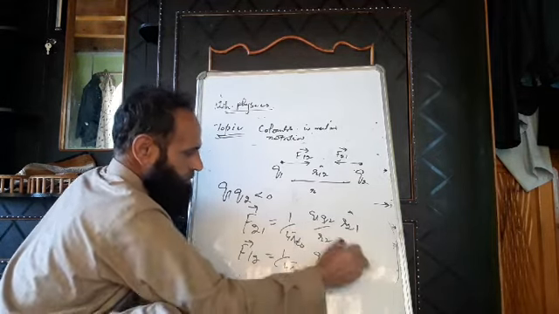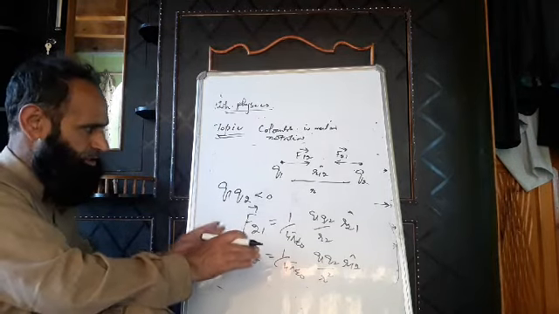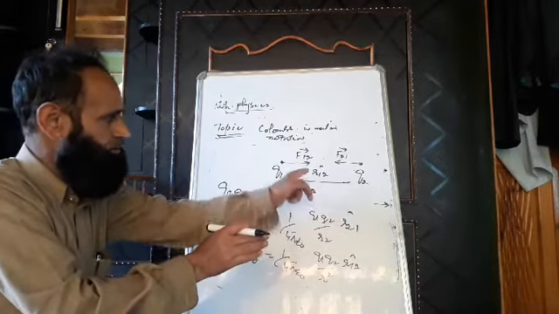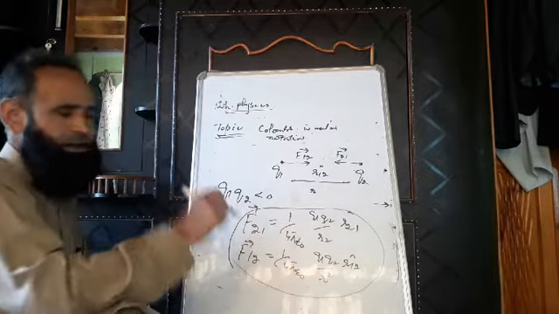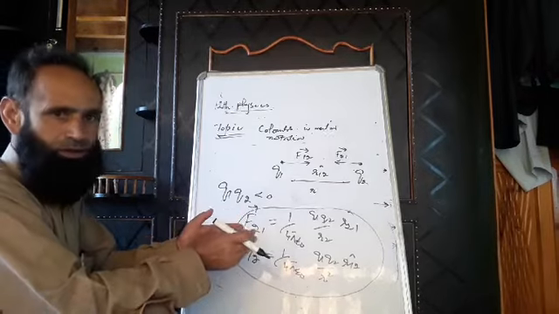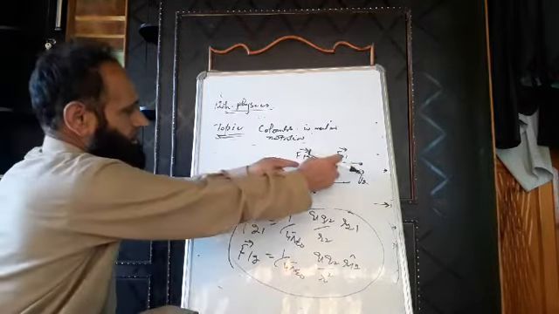But now this R21 is also equal to minus R12, so we can say these forces are of equal magnitude. They may attract.